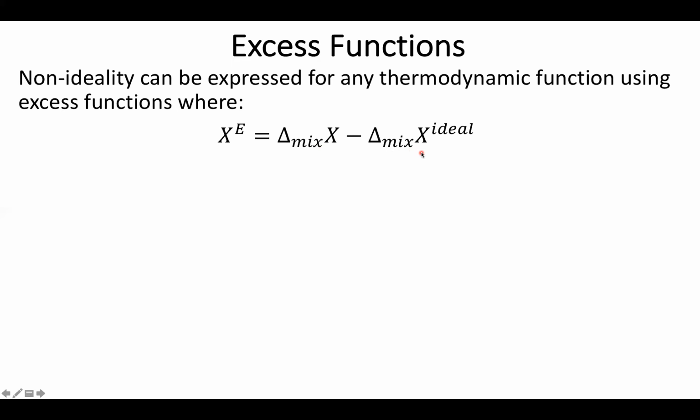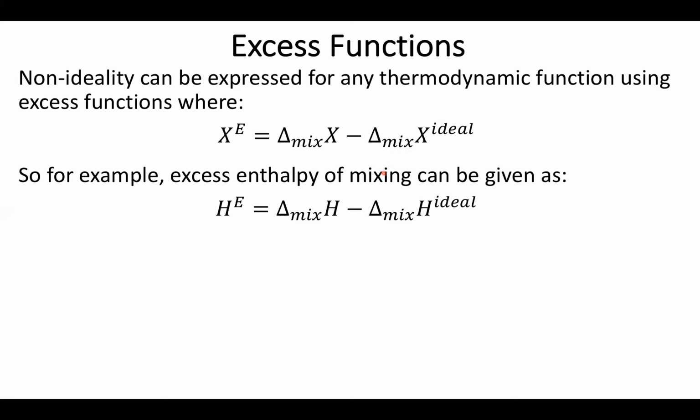So for example, let's go ahead and focus in on one of the most notable approximations of an ideal system, which is that the enthalpy essentially behaves ideally, or that my enthalpy of mixing is 0. So in this case, the excess enthalpy is going to be a relationship between the actual enthalpy of mixing, so how much the intermolecular forces actually change, minus how much they change under an ideal scenario.